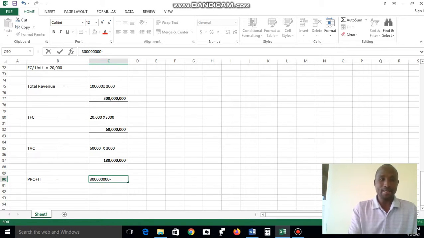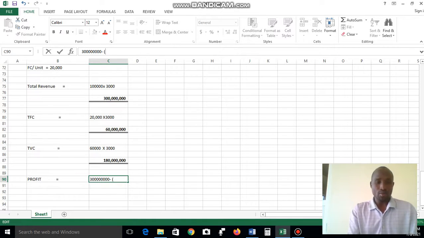It will be 300 million minus, open brackets, total fixed costs plus total variable costs, whereby our total fixed costs are 60 million, plus total variable costs, which is 180 million.